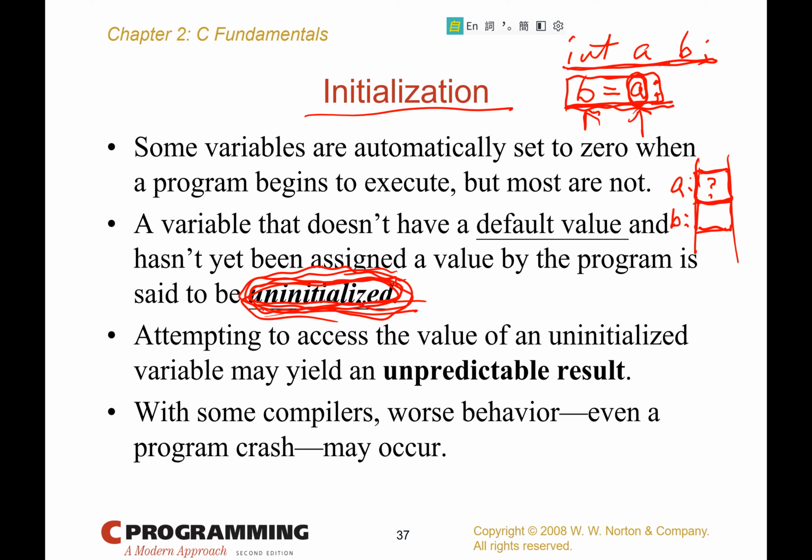But some compilers may not be so friendly to pop up an error message for you. So you have to be very careful. Because if the compiler does not warn you or pop up an error message, you will get an unpredictable result. For some compilers, they will initialize the variable to 0.